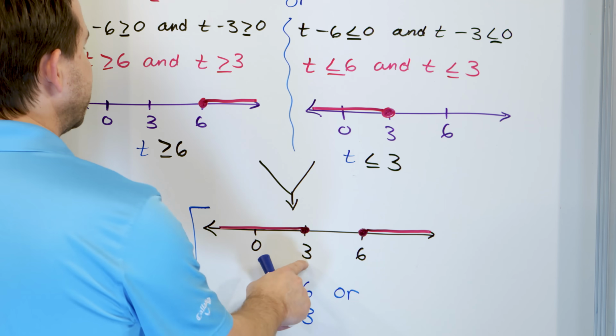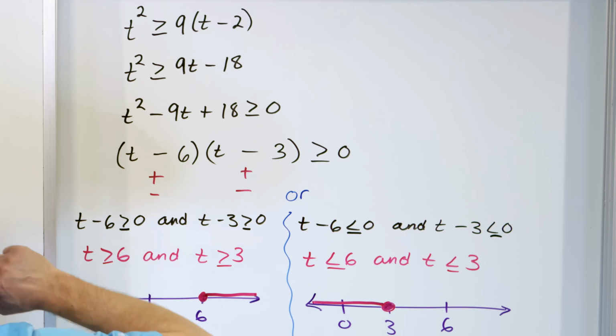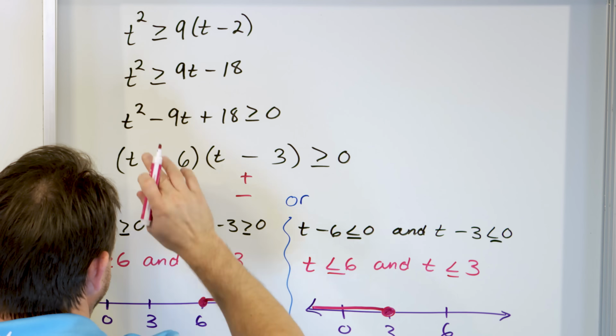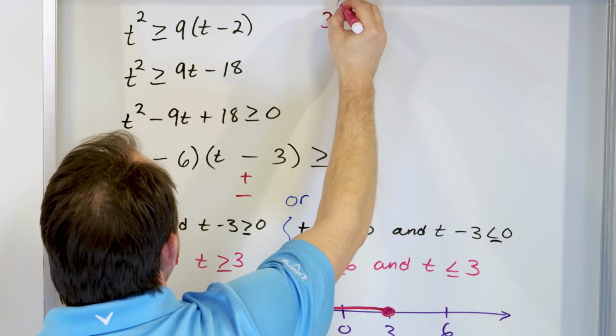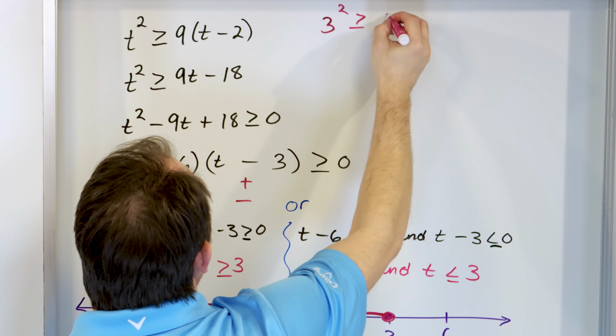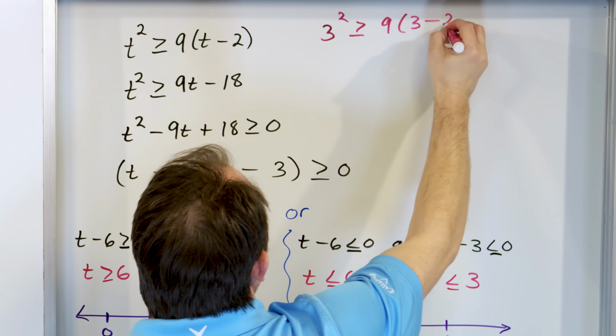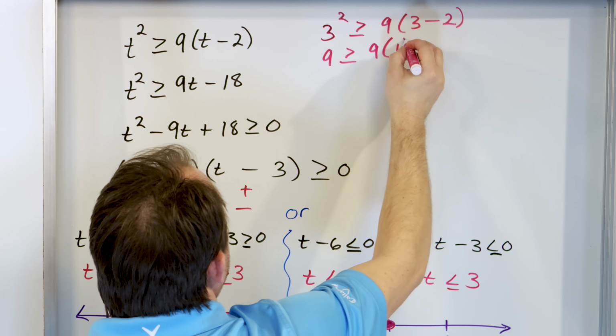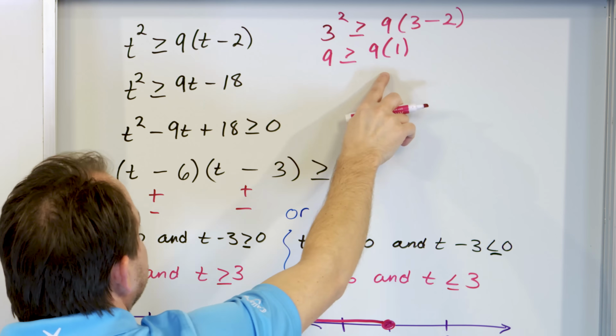So for instance, if we put the number 3 into this, and we'll do it with actual pen. Let's put the number 3 in. What we're saying is 3 squared, is that greater than or equal to 9 times 3 minus 2? What we'll get is 9 greater than or equal to 9 times 1, right? Which is 9. So 9 is greater than or equal to 9.